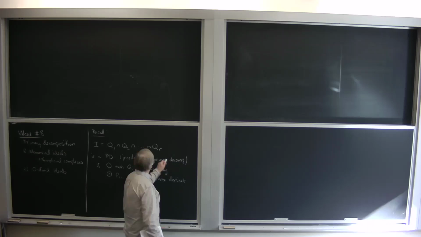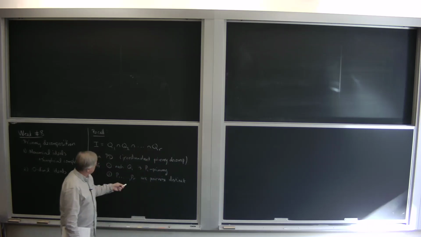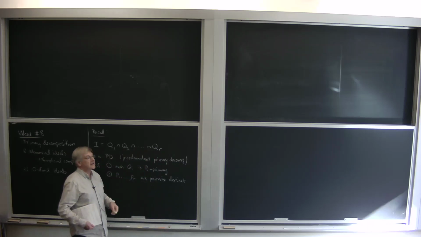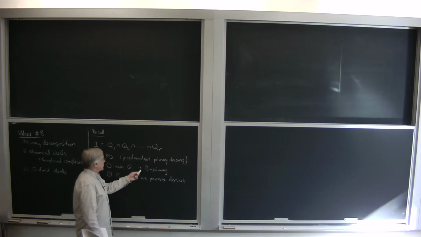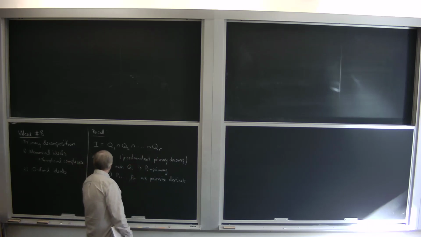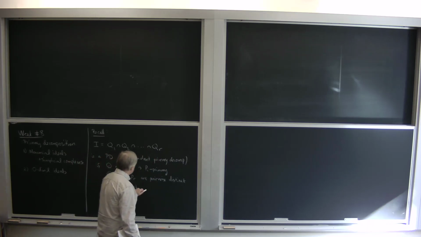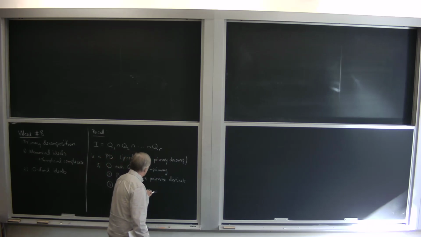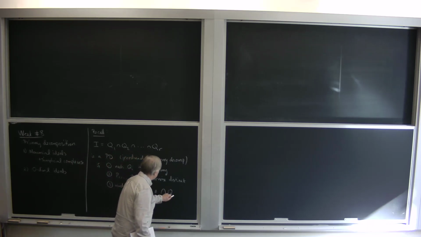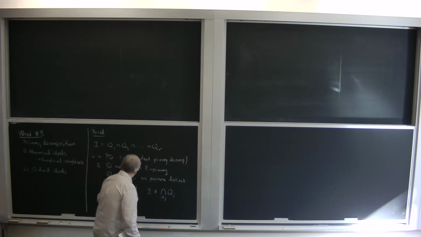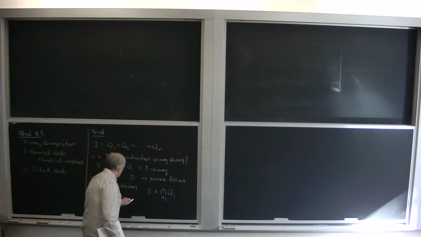If you remember, if we had 2 different primary ideals with the same radical, when you intersected them, it is also primary. So we can just combine the ones together. And 3, it's irredundant, meaning that I is not equal to the intersection of Qi's for i not equal to j, for each j.